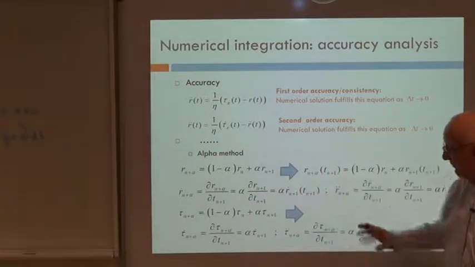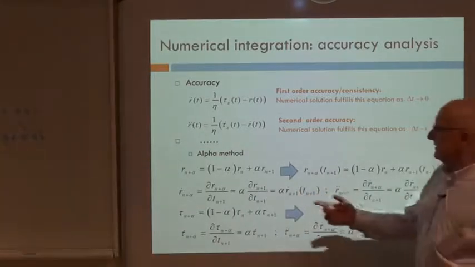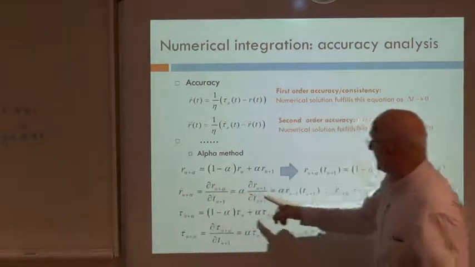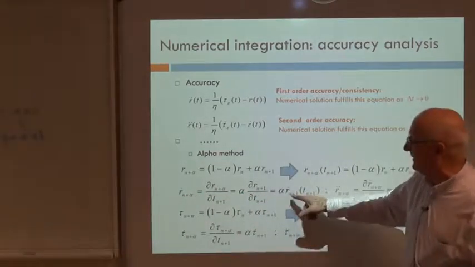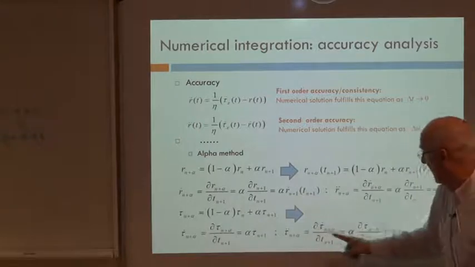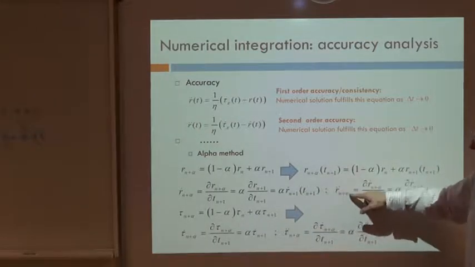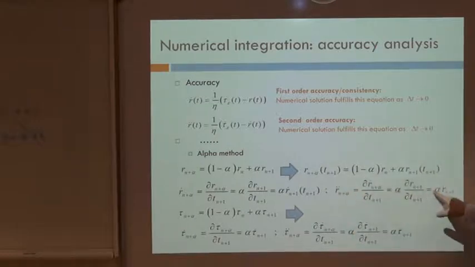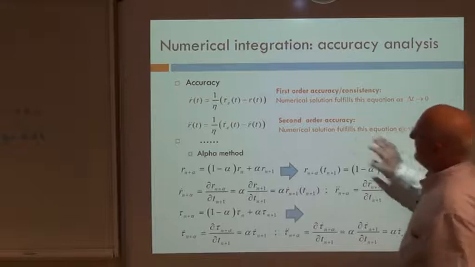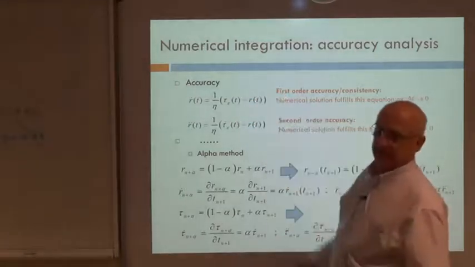So finally, I can conclude that r dot n plus alpha is alpha r dot n plus 1, and r double dot n plus alpha, the second derivative of r with respect to time, is alpha times the second derivative of r at n plus 1. These are just algebraic operations, okay? So now, let's consider that equation and that equation.